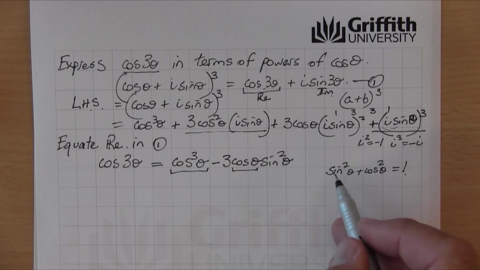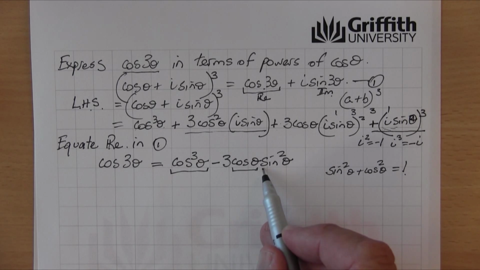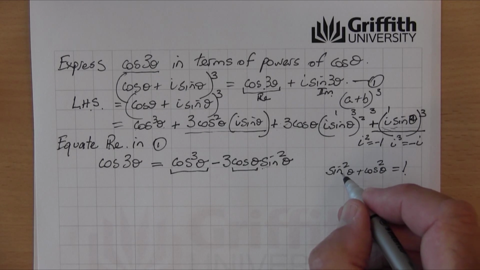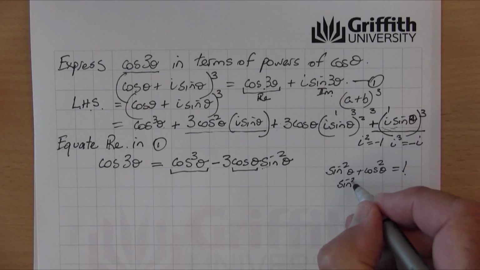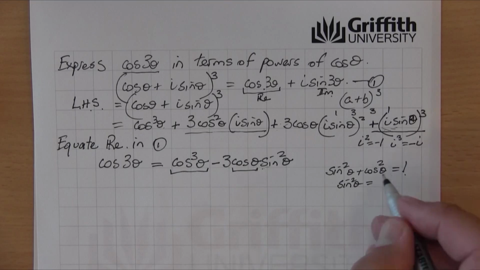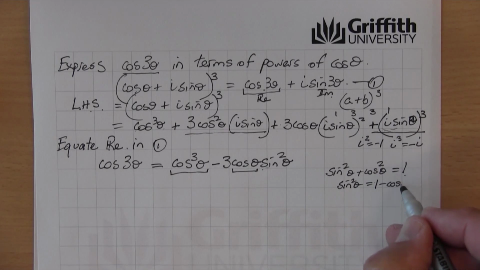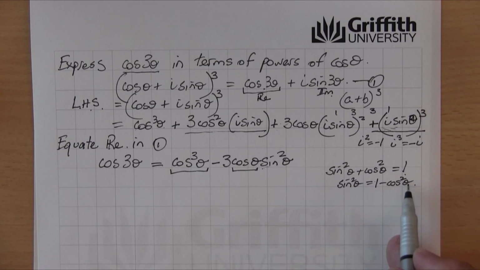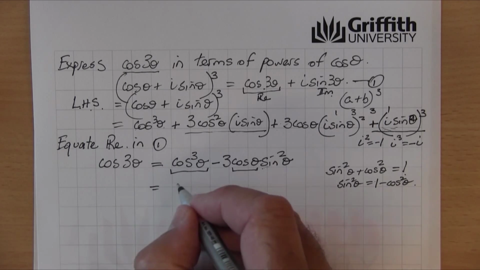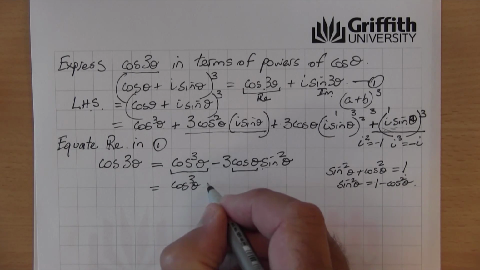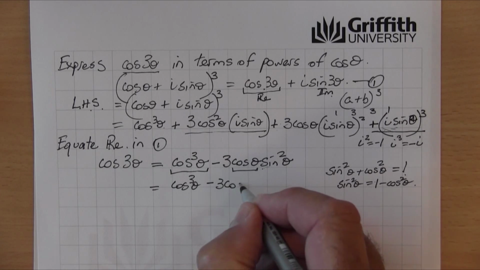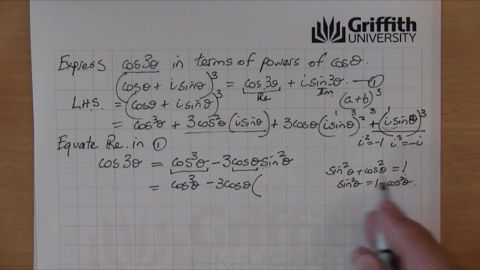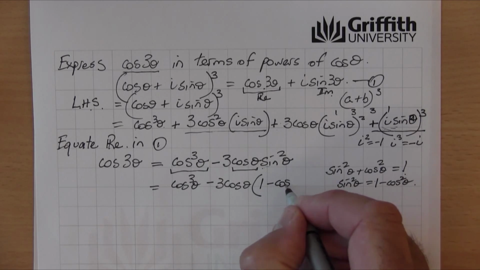It's called the Pythagorean identity. So this sine squared theta here, make it the subject of this formula, will be 1 minus cos squared theta. So instead of that sine squared theta there, we can write 1 minus cos squared. So why don't we do that? So we've got cos cubed theta minus 3 cos theta outside of, now instead of sine squared theta, we've got (1 minus cos squared theta).